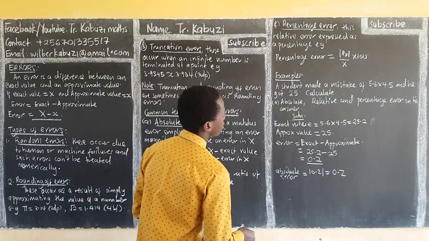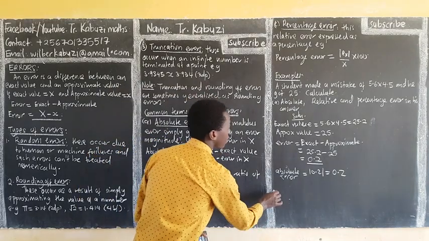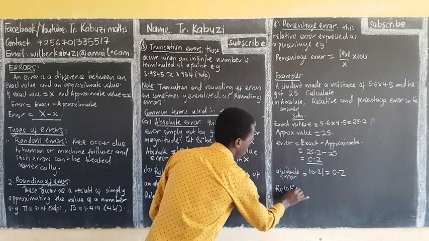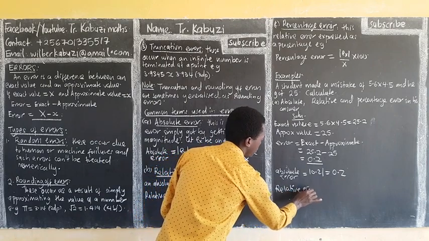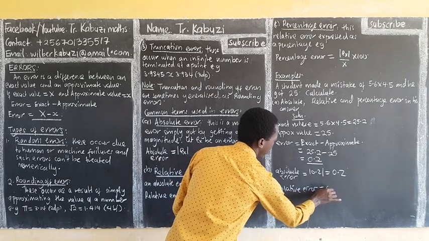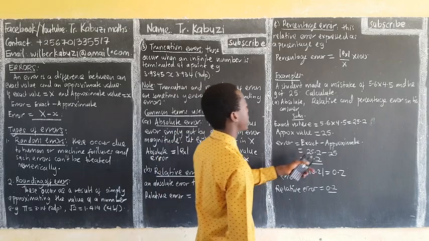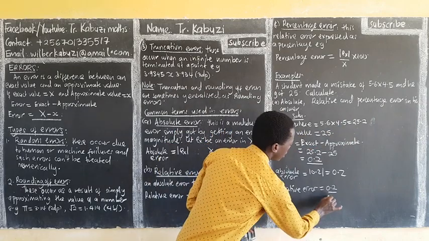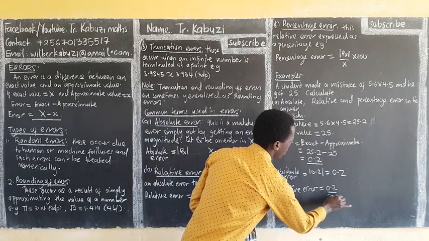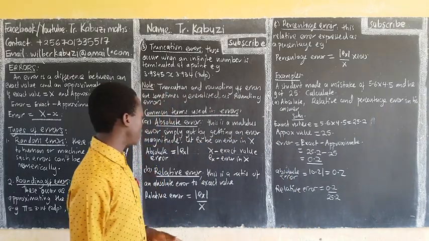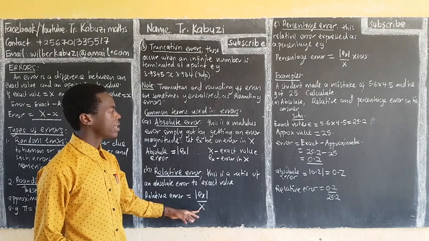When we come to our relative error, we shall get 0.2 over the exact. Our exact was 25.2. That is what we call the relative error, the error over the exact.